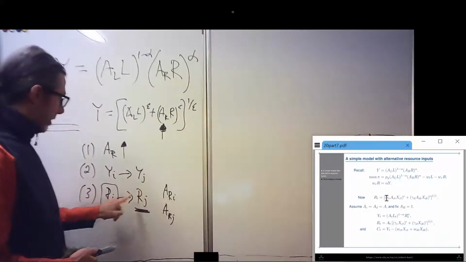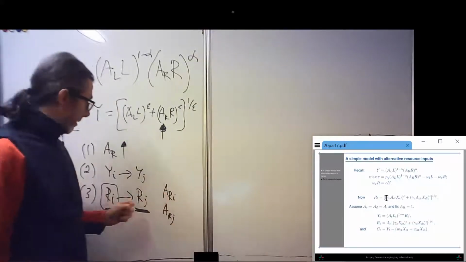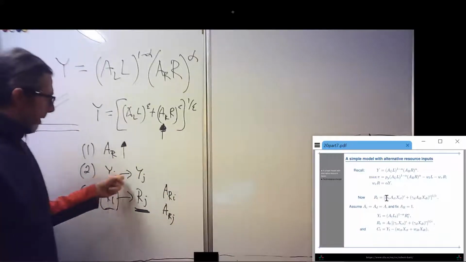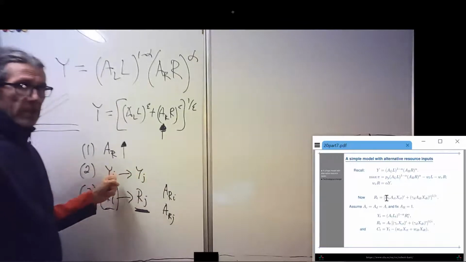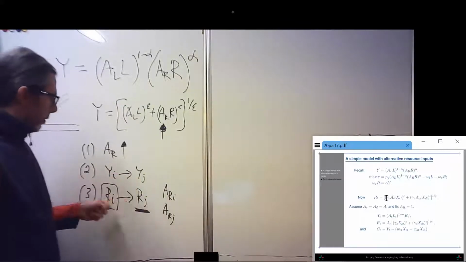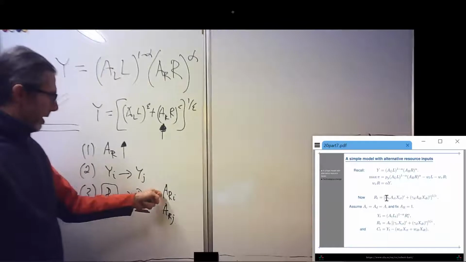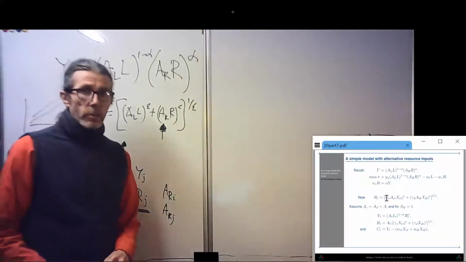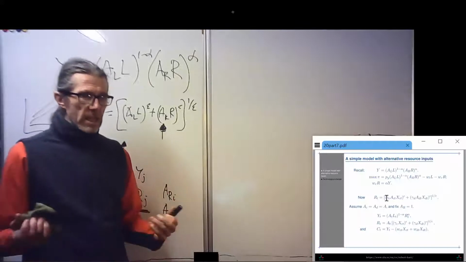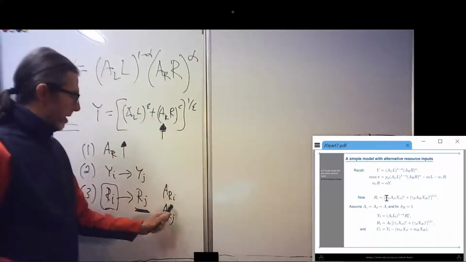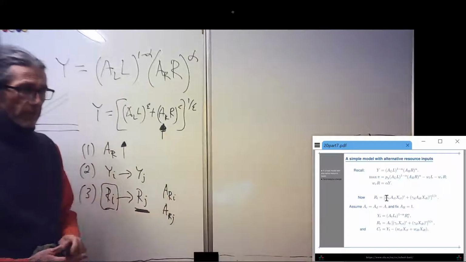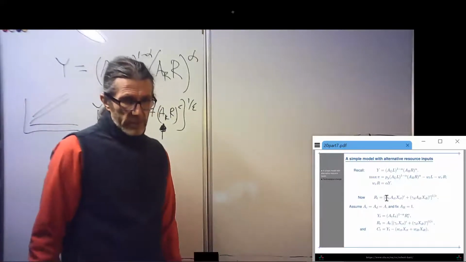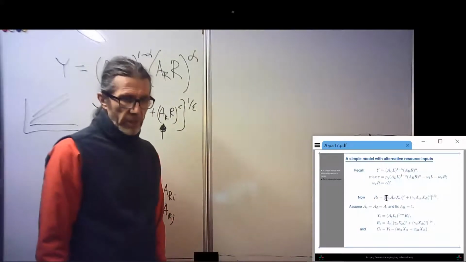And we just say, look, if this is a bit like the consumers shifting, it's not that their preferences change, they just shift. Here, couldn't the firms just shift, even if these are staying the same relative to each other? And that's what we're going to look at first. Do we actually need the Solow mechanism of this going up to substitute? And that's this simple model with alternative resource inputs.